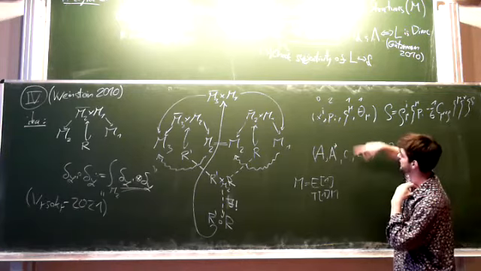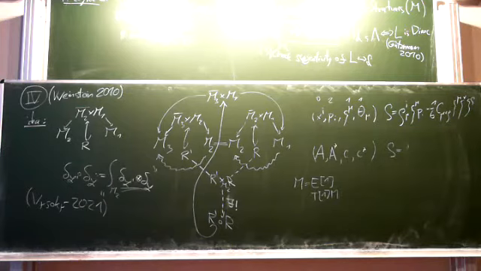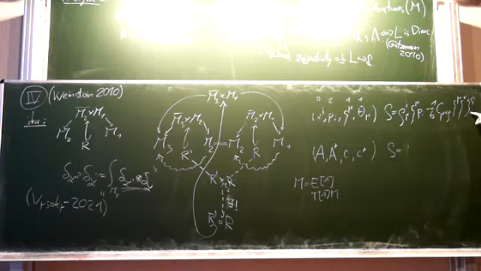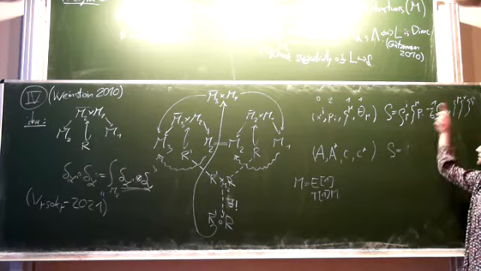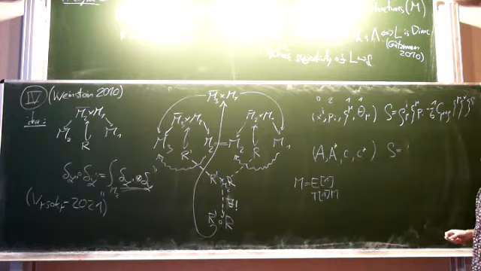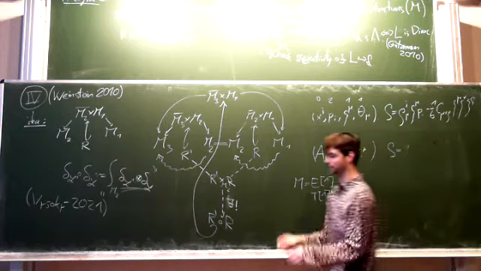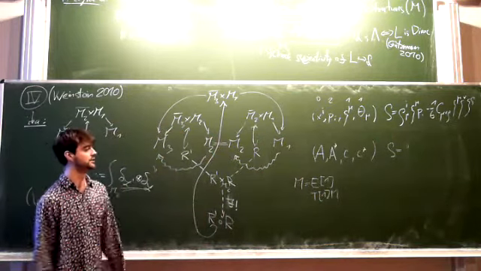This should be made precise within the AKSZ sigma model formalism, but here I would replace those psi's with the ghosts, P with A star, and the other one with the ghost again, and all the derivatives with functional derivatives, and so that's the analogy.